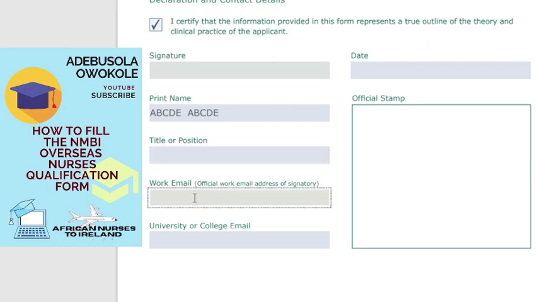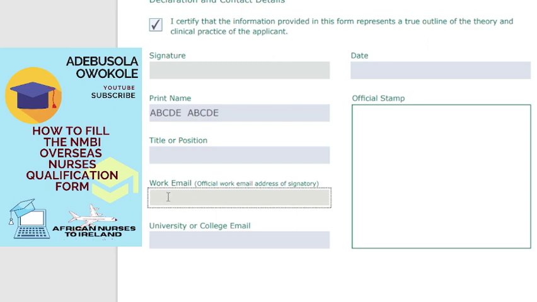This is the work email. I want you to note here that Yahoo mails or Gmails are not recognized by NMBI due to different fraudulent activities in the past, where scammers just generate an email that couldn't be traced. So once NMBI goes back to send messages to such emails, there's no response from them.